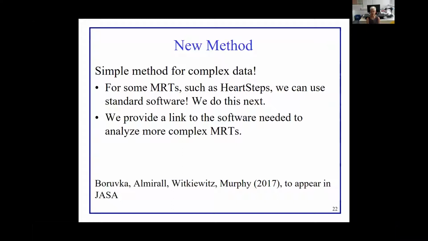And as a result, the analysis method becomes really simple, and that's the analysis method we're going to use today. But I'll give you a link to software that Danny Almirall wrote, which allows you to analyze micro-randomized trials in which the randomization probabilities are not constant. And in fact, they can depend on the pattern of the individual's past data.